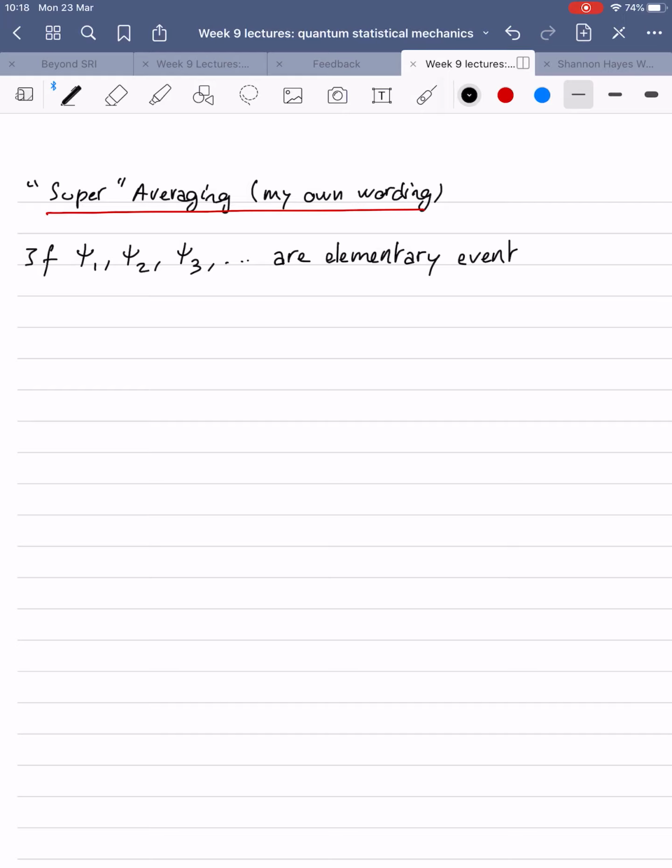Not necessarily. Elementary events with probabilities P1, P2, P3.